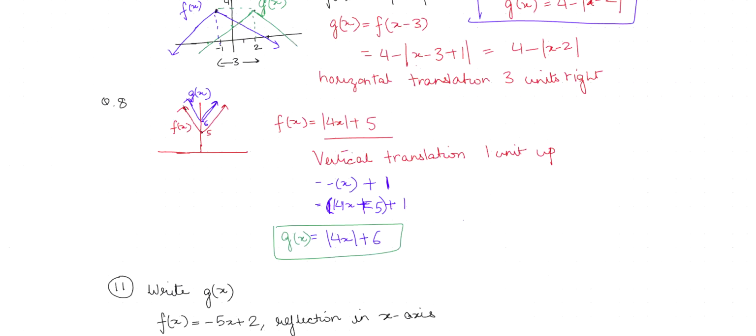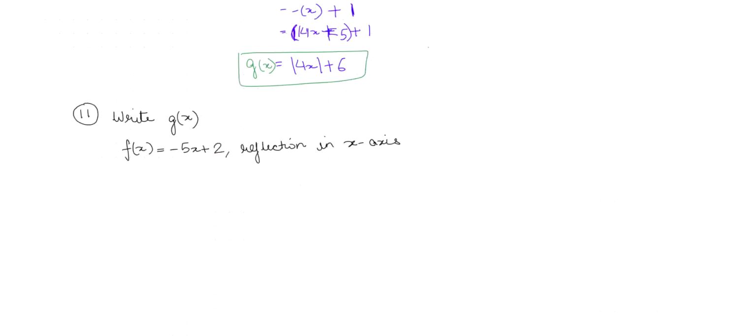And now let's do question 11. So f(x) is given and we have to write g(x), a reflection in the x-axis. So reflection in the x-axis means, like, I take a point A, and its coordinates are 3, 2, and this is the x-axis.